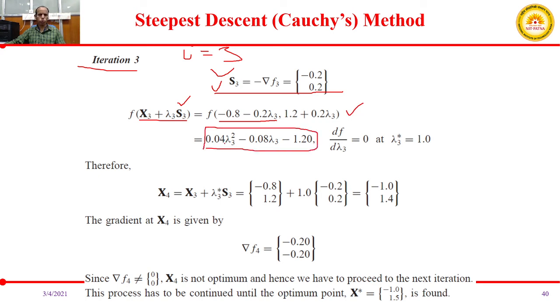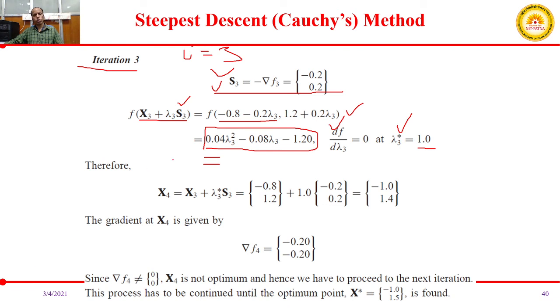Okay, 0.04 lambda 3 square plus 0.08 lambda 3 minus 1.2. So for calculating the optimum value, you will again take the derivative of this function and equate it equal to 0. Here lambda 3 again is coming equal to 1.0.